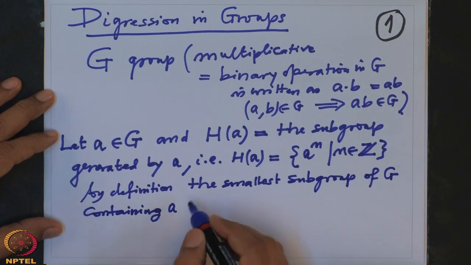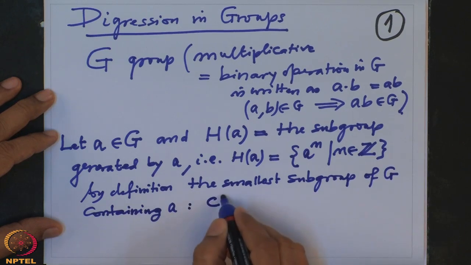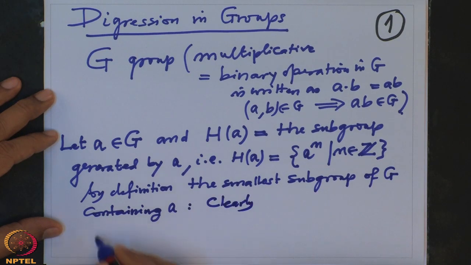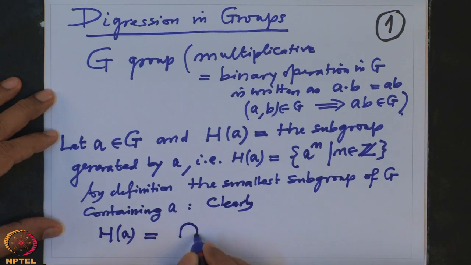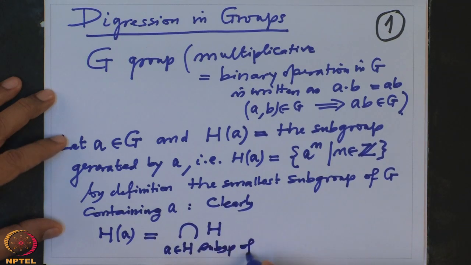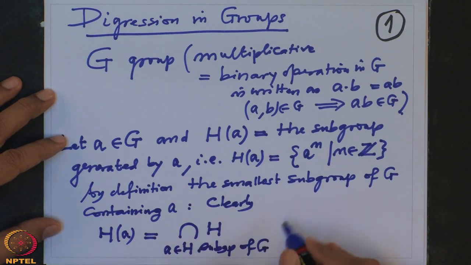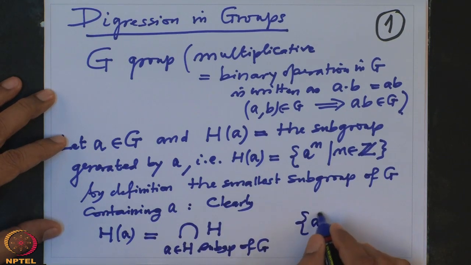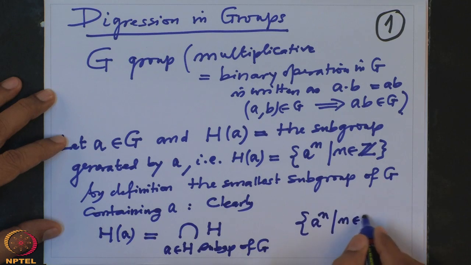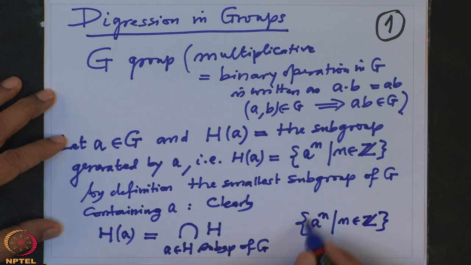So clearly, H(A) is by definition the intersection of all the subgroups H where A belongs to H and H is a subgroup of G. On the other hand, this is one candidate, A^n, n in Z. This is clearly a subgroup, and all the powers are therefore contained in every subgroup.